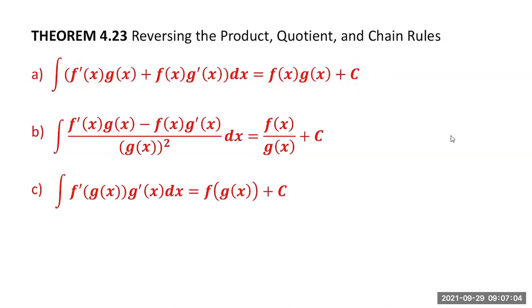Why is this formula true? How do you show that this formula is true? All you need to do is show that this is an antiderivative of this function. Can you show that? That's trivial. To show that this is an antiderivative, all you need to do is take the derivative of this function and show that you get this function.